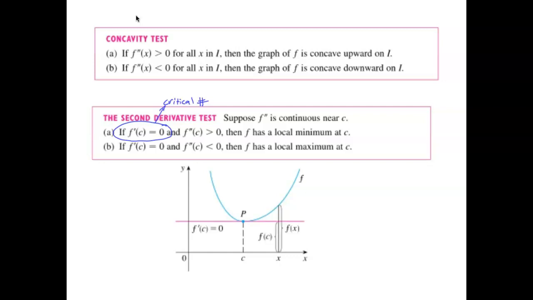Because that's what the second derivative tells us. So this is telling us concave up. So if you have a critical value, and at that value the graph is concave up, then there exists a local minimum at c. So you can kind of see that here.